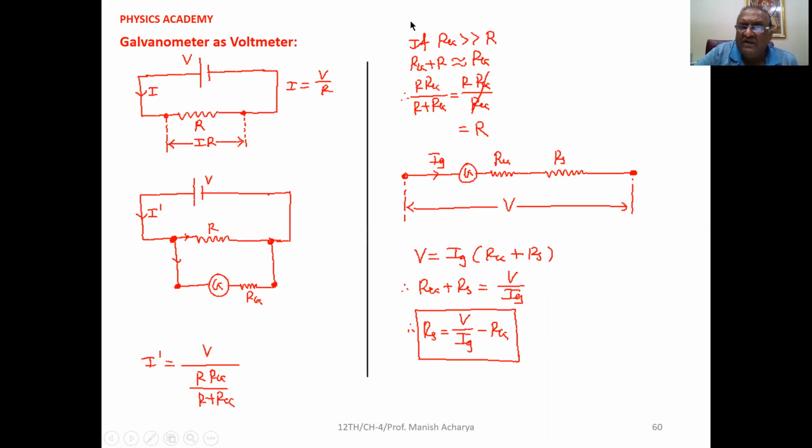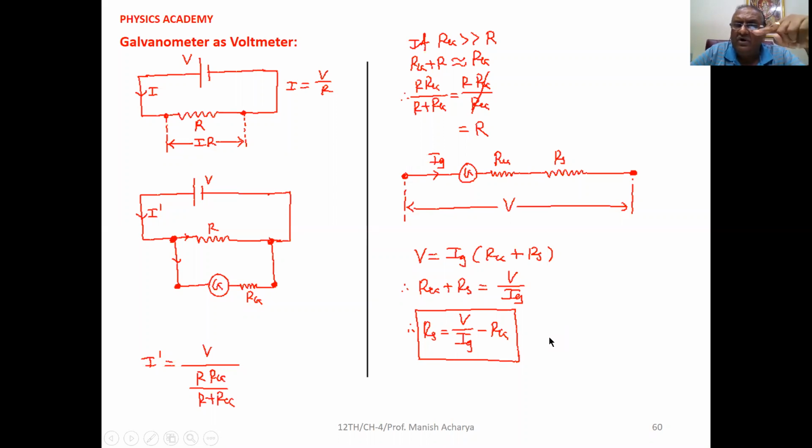Up to this one clear? Now, how can one use this? Suppose a galvanometer is given to you. For that galvanometer, the current capacity and its resistance will be given. Suppose the current capacity is 1 milliampere and its resistance is 25 ohm.